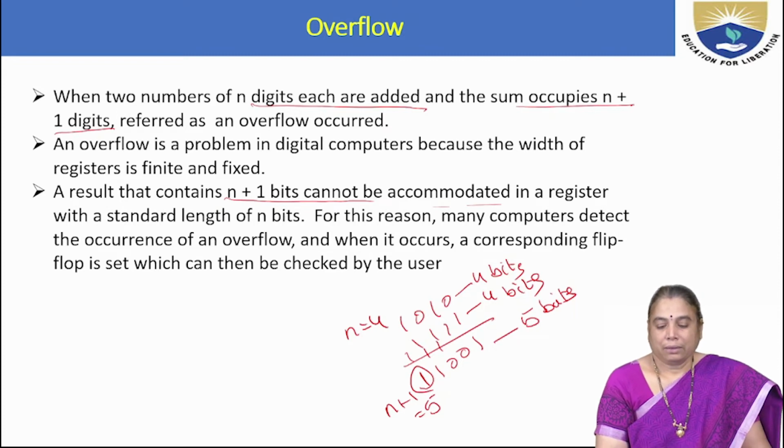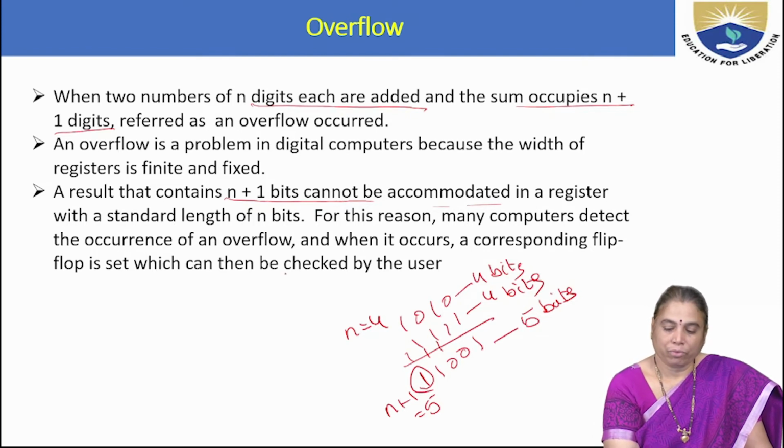But this is all our electronic circuitry, so accommodating n plus 1 bits in a register is difficult. For this reason, many computers detect the occurrence of the overflow, and when it occurs, a corresponding flip-flop is set, which can then be checked by the user.